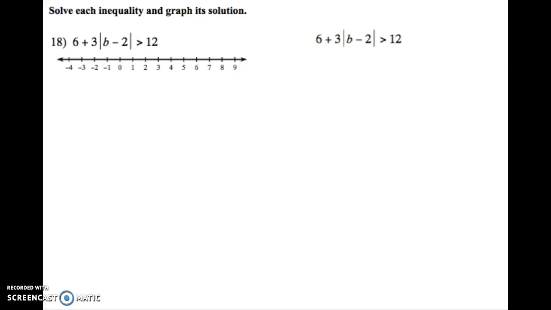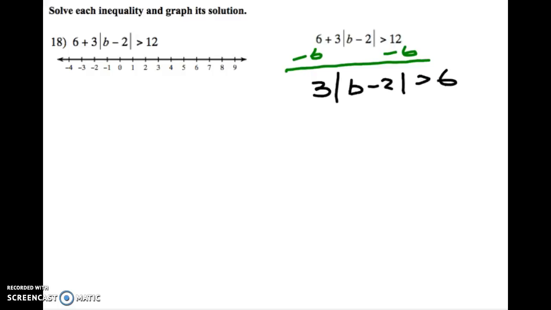Last one, number 18. Got a little more to do here. Once again, I took the liberty of moving the equation over so we can isolate that absolute value. The first thing we're going to have to do is subtract 6 from both sides. Now with the 3 out front, that means it's 3 times the absolute value, so to get rid of that, we've got to divide both sides by 3.